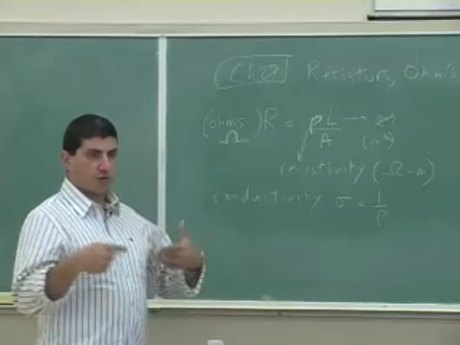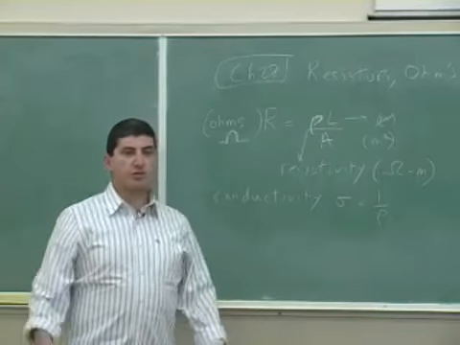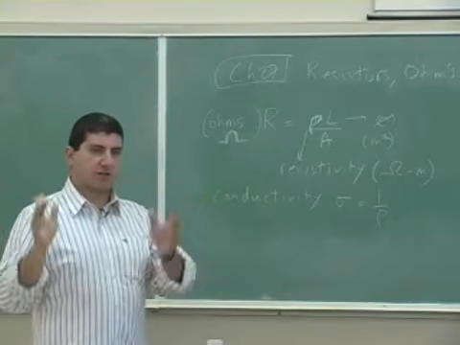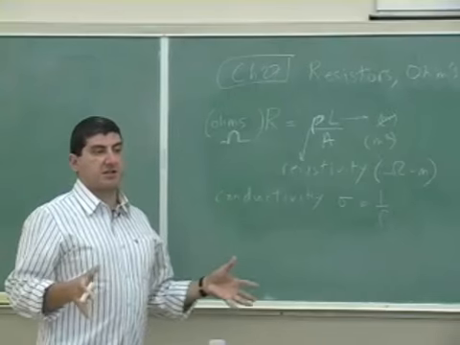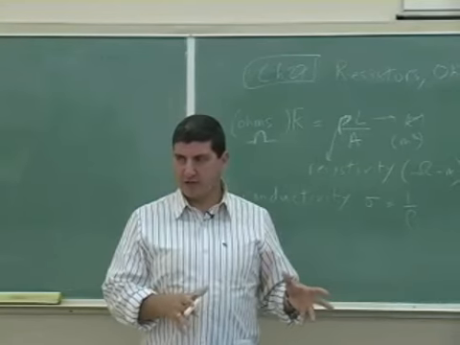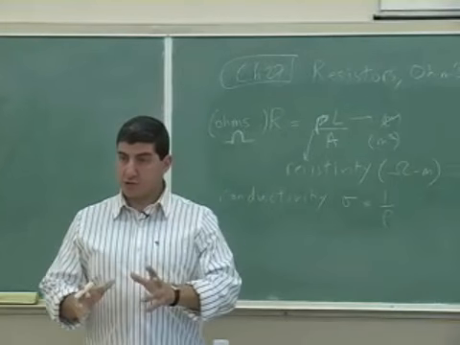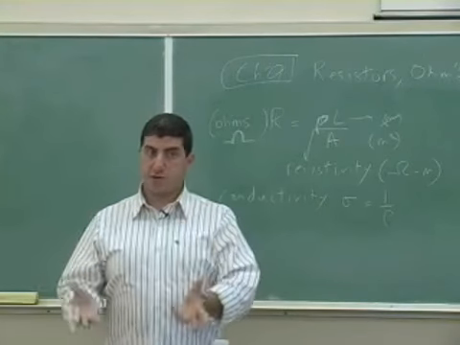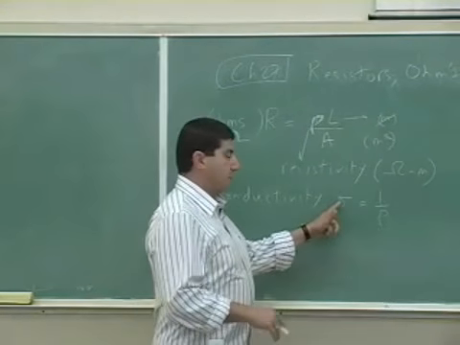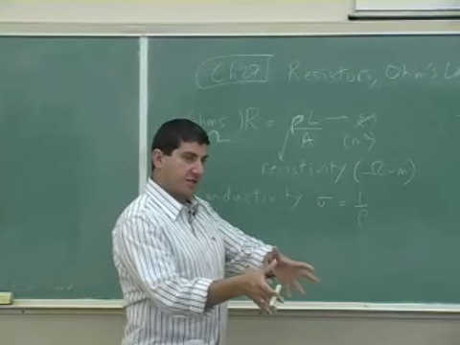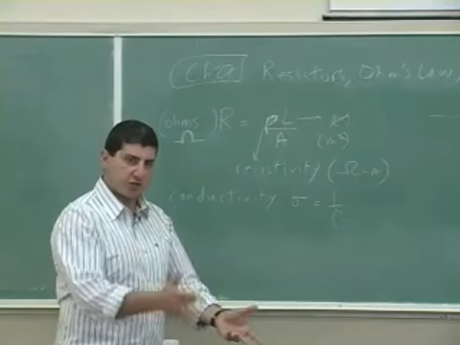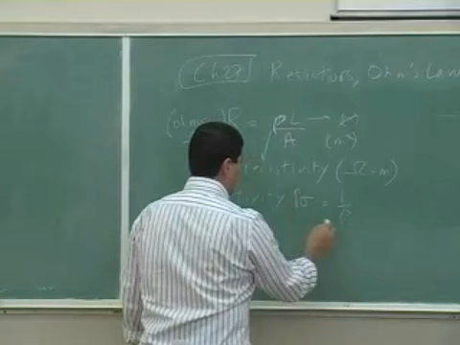Remember at the beginning, when we were talking about insulators, we did a lab on that. We said an insulator is something that doesn't allow the flow of electrons. A good conductor is something that allows the flow of electrons. So a good conductor is a poor insulator, right? And a good insulator is a poor conductor. There's an opposite relationship.